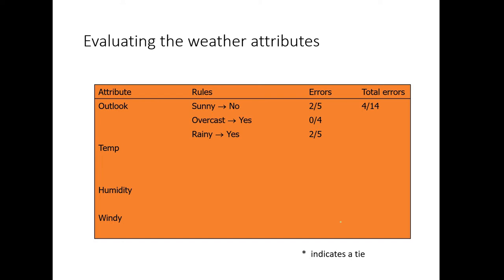When there's a tie, that means you have 2 no instances and 2 yes instances, which one are you going to select? You can take either one, randomly.